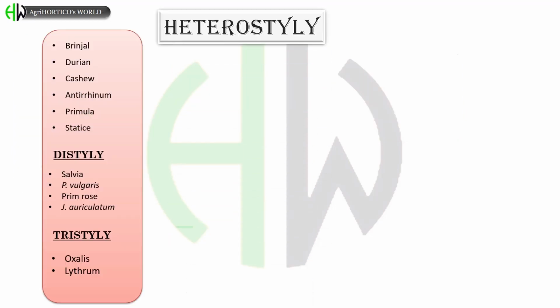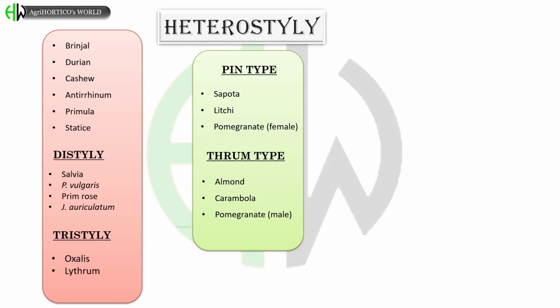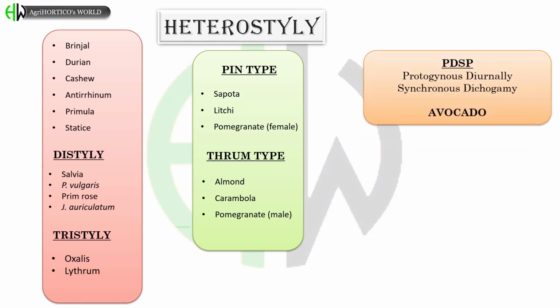Now examples for heterostyly are brinjal, durian, cashew, Antirrhinum, primula, statice. Then in heterostyly, distyly types include salvia, Primula vulgaris, primrose, Jasminum auriculatum. Then tristyly includes oxalis and lythrum.